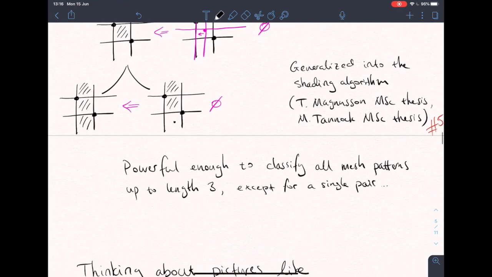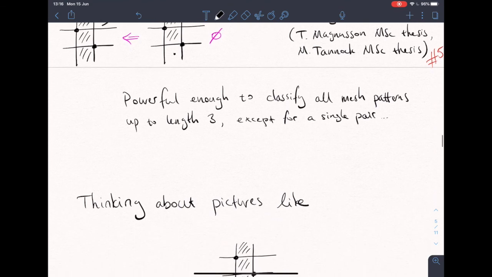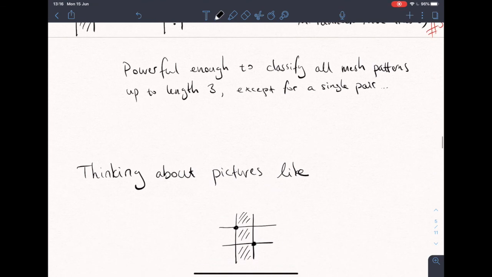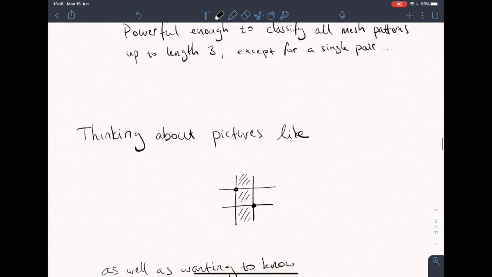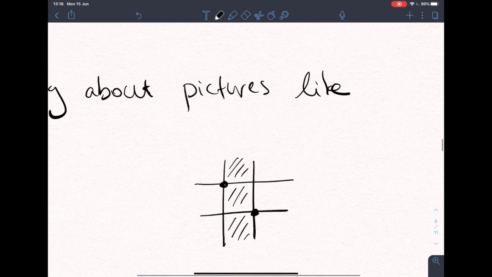Now, when we were working on the shading algorithm, we thought a lot about pictures of this form, and we had to do some special casing, such as thinking about what if this region is just increasing and maybe this one is just decreasing, or if this piece here avoids 3-2-1, or if this piece is increasing, there might be nothing here, maybe this avoids 2-3-1.